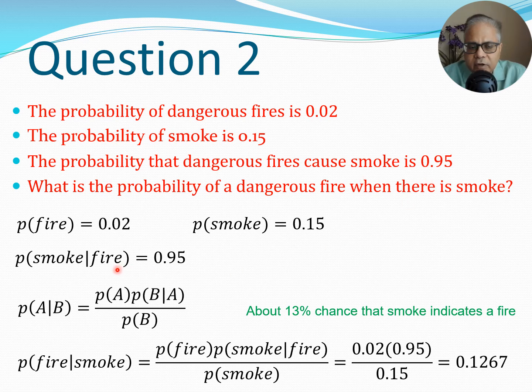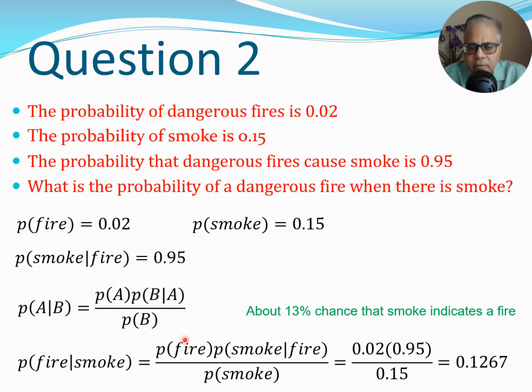Essentially what this means is that the fire happens and then that leads to smoke. That probability is very high, 0.95. You can imagine that in almost all fires there is going to be smoke coming out after the fire has begun. So this can be represented as P(smoke|fire) equals 0.95.